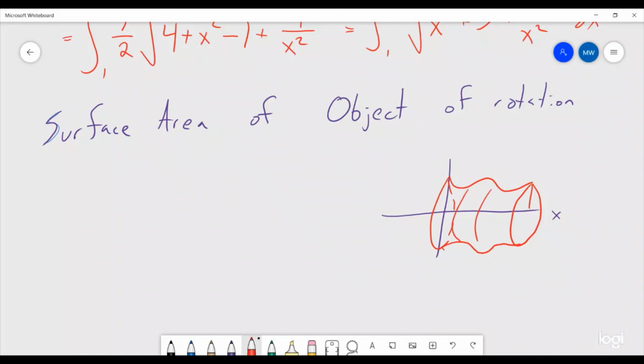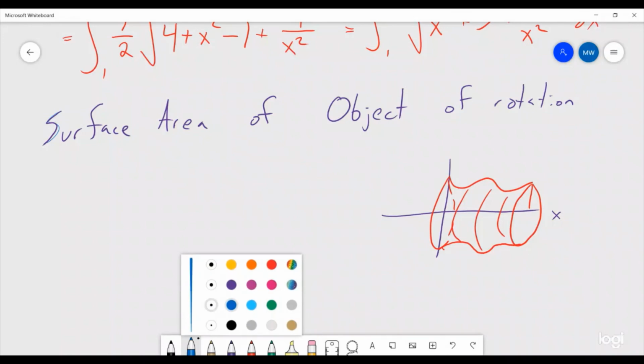So we get this sort of shape here. The surface area is related to arc length.